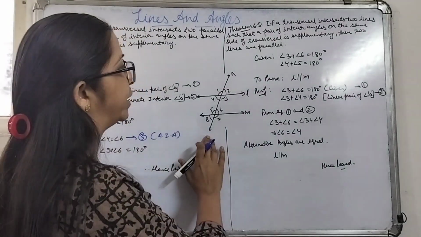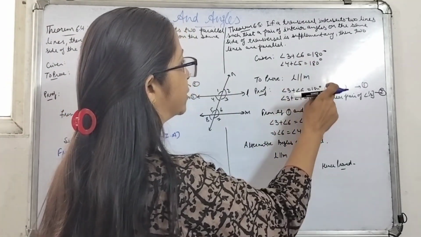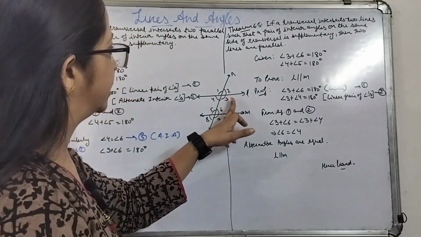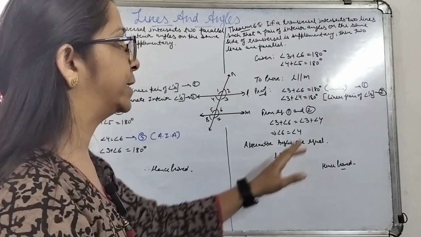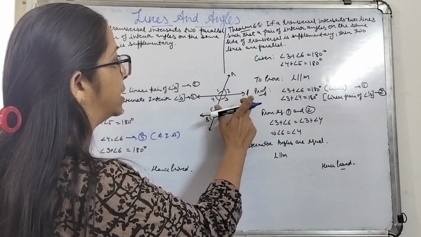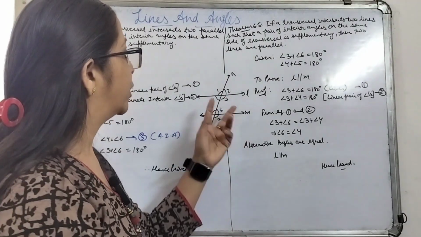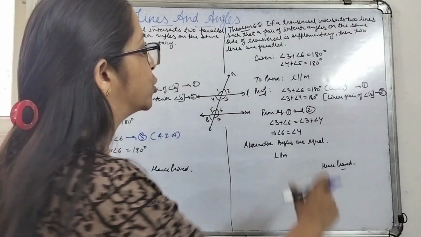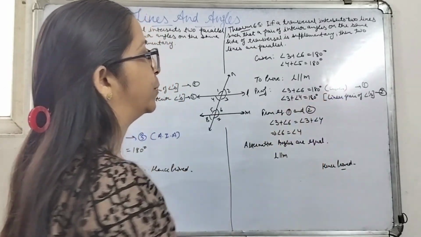So how will we be proving it? First of all, we take angle 3 plus angle 6 is 180. It is already given to us that the sum of these two angles is 180 degrees. Now we know that L is a line, so angle 3 plus angle 4 will be 180 degrees because it is a linear pair of angles.